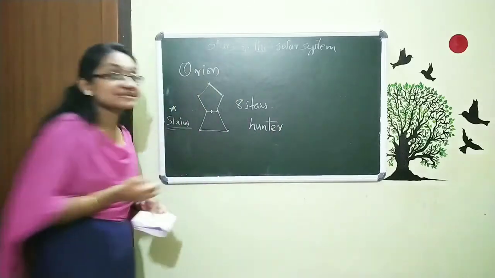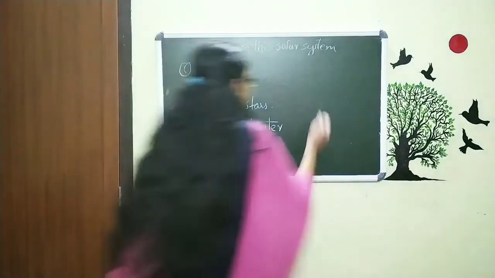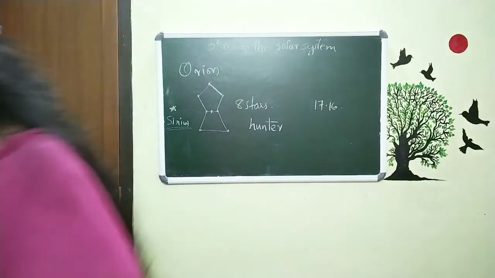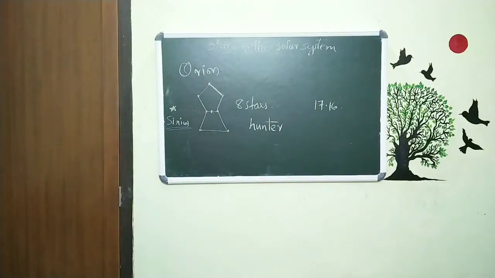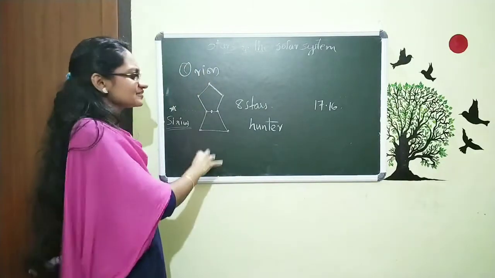They just call it the hunter. And you can see a similar diagram on page number 224, figure 17.16. When you observe that figure, you can see that it is like a person with hands, so just observe that, and that's why they consider this a hunter.